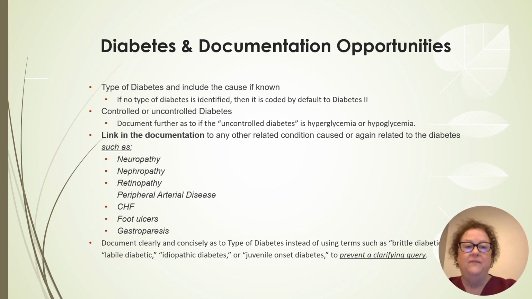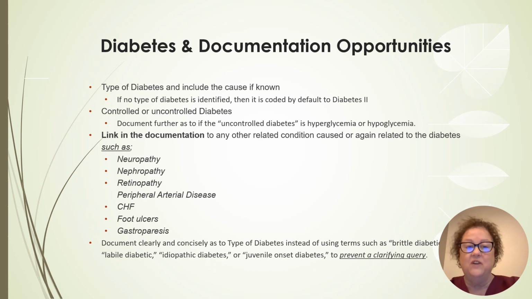So if they have diabetes, document the type. It includes the cause of it, the etiology. If no type of diabetes is identified, then it's coded by default to diabetes 2, or you may be receiving a clarifying query from the coder if they notice it's documented by a consulting provider as a certain type of diabetes with the cause, and it's not reflected in the attending provider's documentation.